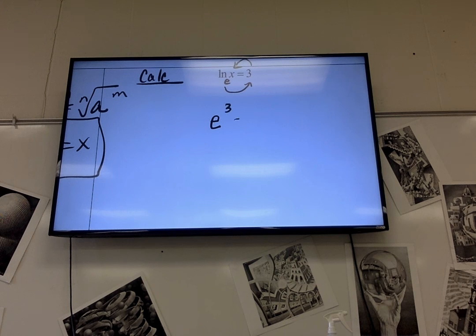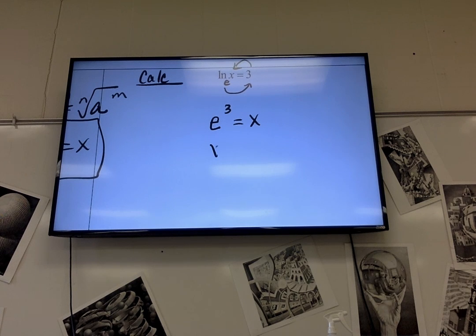Third equals x. Now, if this was a non-calculator problem, that's where we'd stop. That would be our answer. We'd be done. But since I said you could use a calculator, we just find e to the third. The e button, the one that has the arrow with it, is right above the ln button. It's second ln.